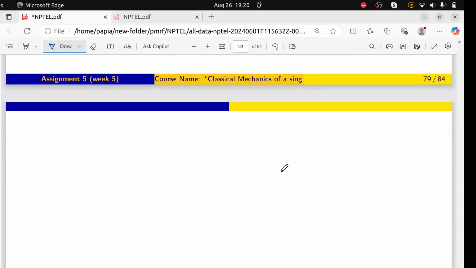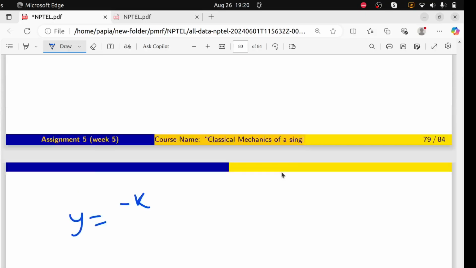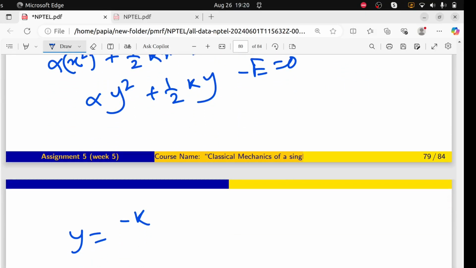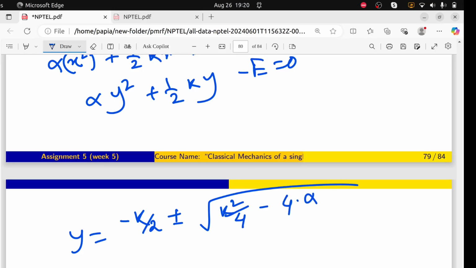So from there our y will be minus k by 2 plus minus root over k square by 4 minus 4 a c, where a is alpha and c is minus E, divided by 2a, by 2 alpha.